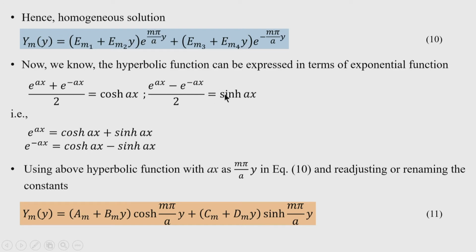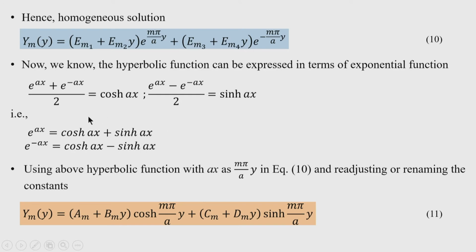Now, when these two are added, we get e to the power a x, and when one is subtracted from the other, we get e to the power minus a x. So, e to the power a x is cos hyperbolic a x plus sin hyperbolic a x, and e to the power minus a x is cos hyperbolic a x minus sin hyperbolic a x.